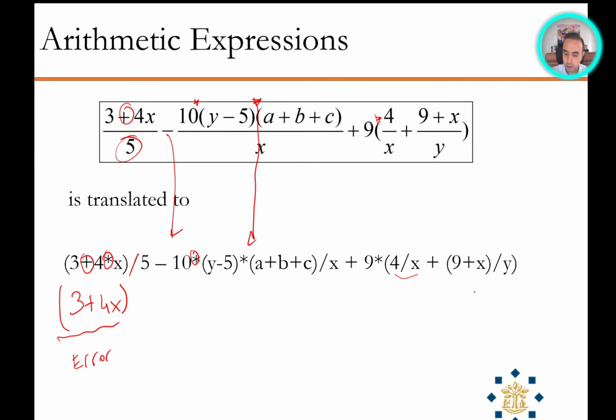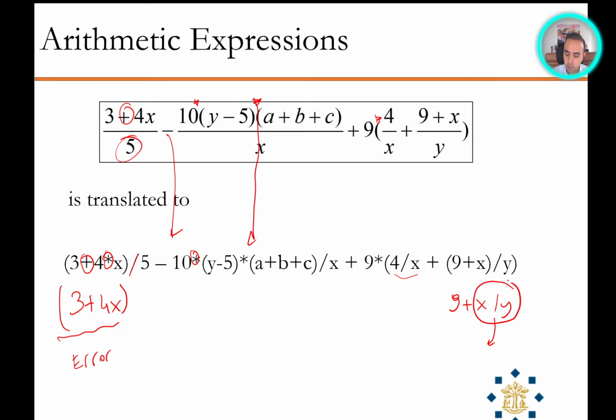Here the usual mistake is that you go by just what you see, because there are no parentheses, so you mix it up and go 9 plus x divided by y, which is going to be wrong because of the mathematical operations: division comes before addition.